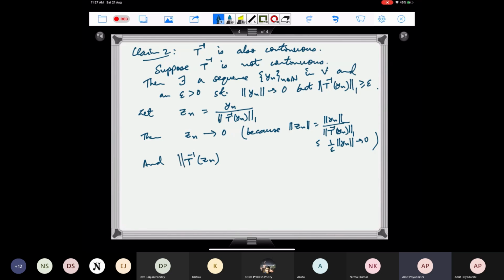So the one norm of T inverse zn is equal to 1 for all n. So T inverse zn has norm 1 and zn converges to 0. Can this happen?